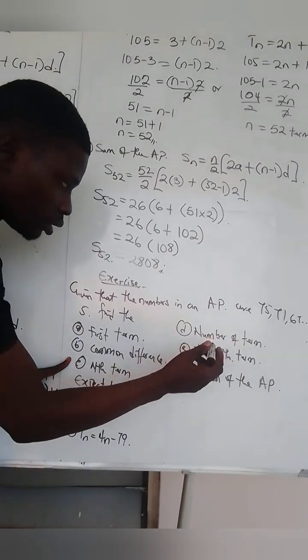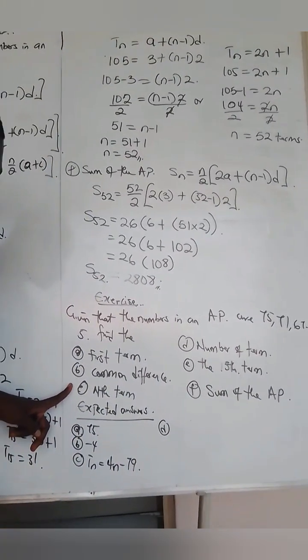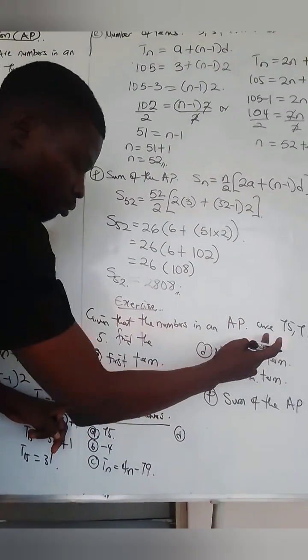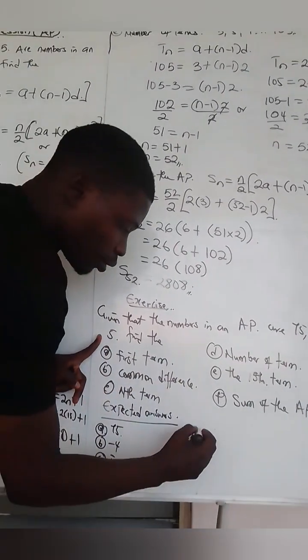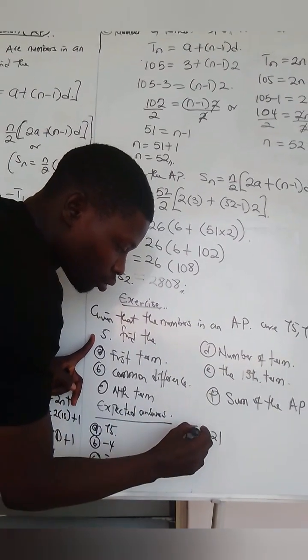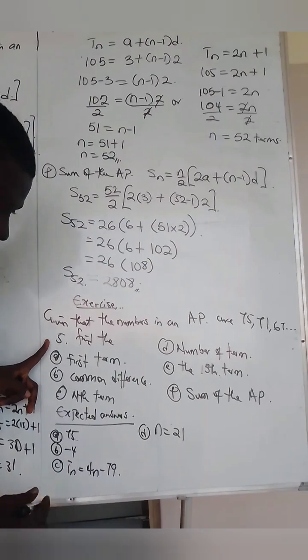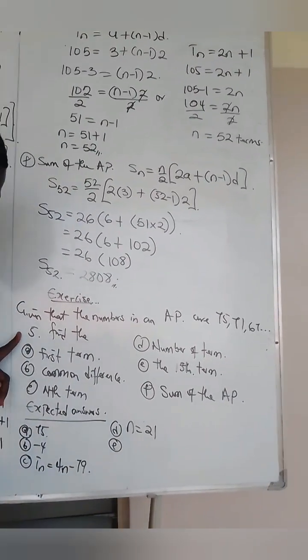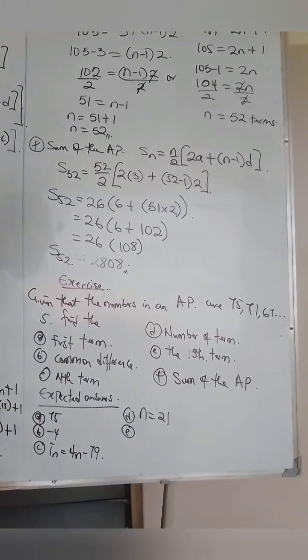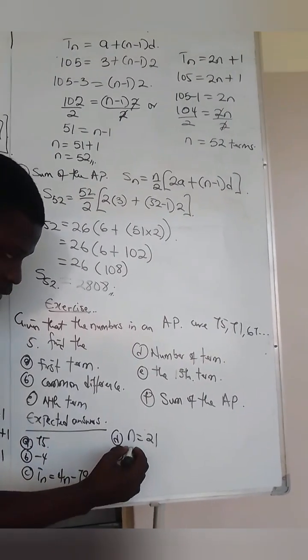The D part, which is the number of terms. If you calculate very well from here to this point, n will be equal to 21. The number of terms will be 21. The next one, which is the E, the expected answer for the 15th term, is going to be 19.